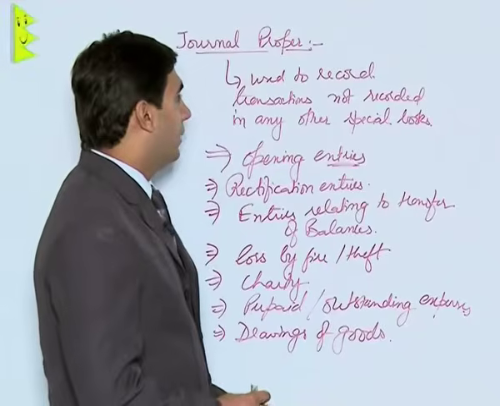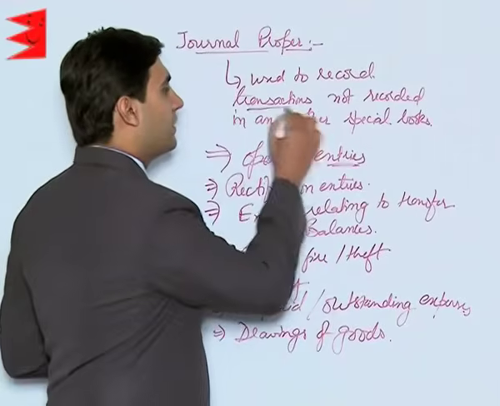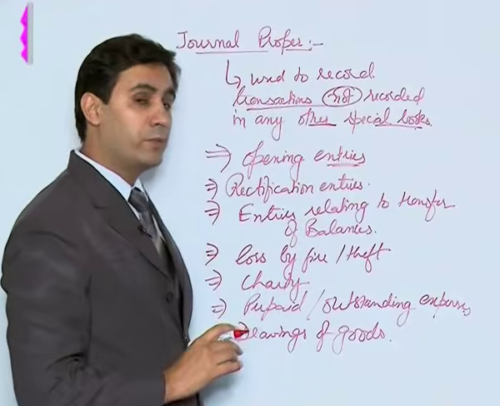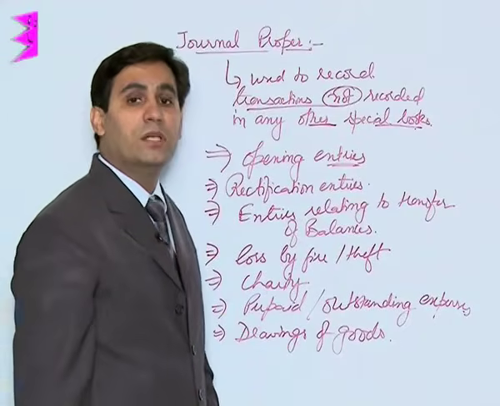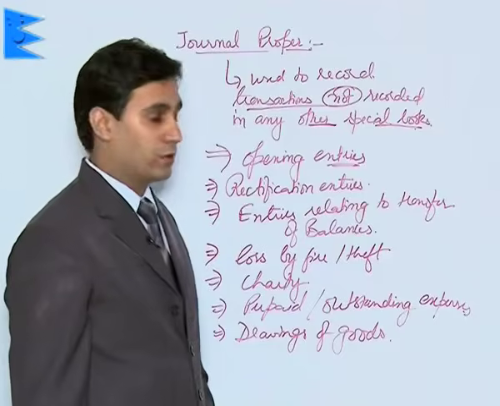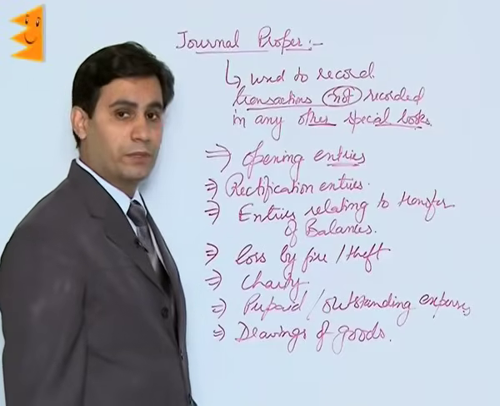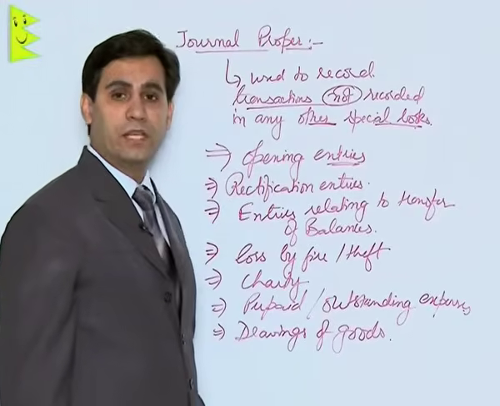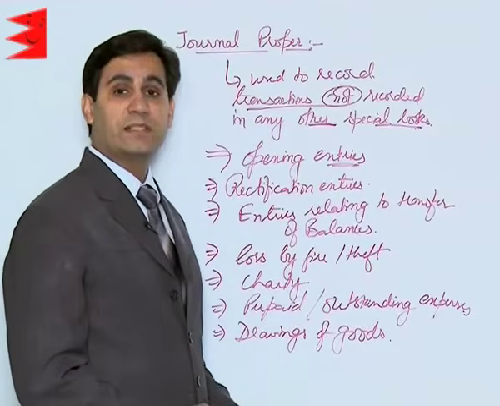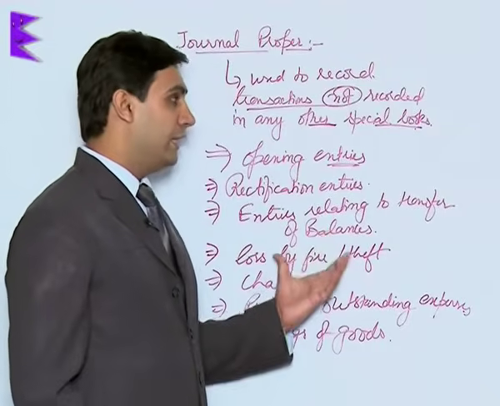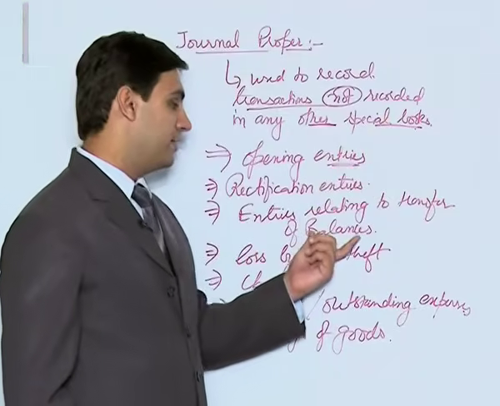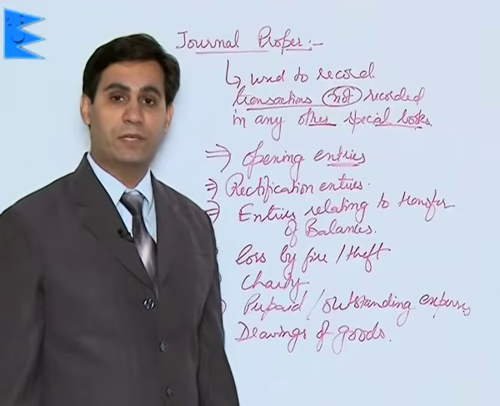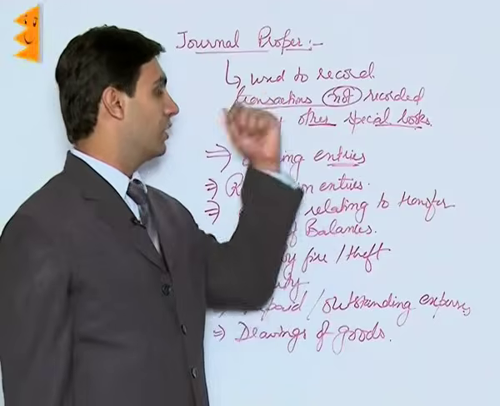So let us repeat. Journal proper is a book in which transactions which are not recorded in any other special book are recorded. Any other special book means either the purchase book or the sales book or purchase return, sales return or cash book. Some examples of such entries are opening entries, that is entries in the beginning of the period, rectification entries, that is entries used to rectify errors in any of the special books, then entries relating to transfer of balances like nominal accounts which are transferred to profit and loss account at the end of the period are passed through journal proper.